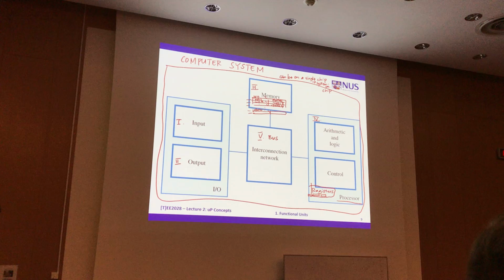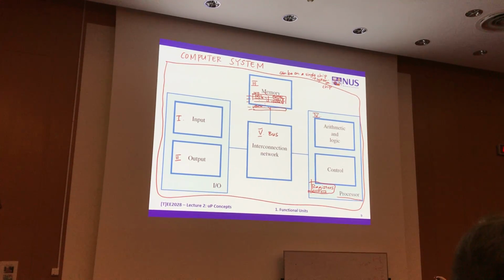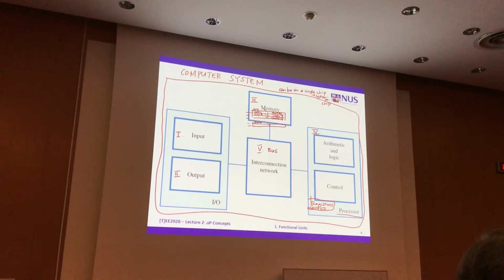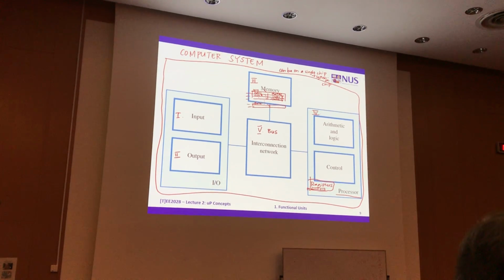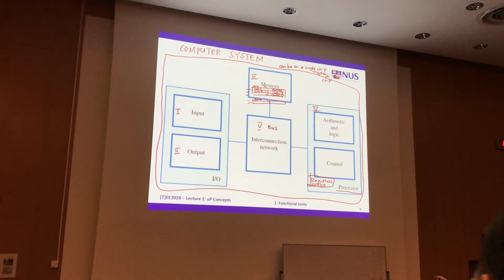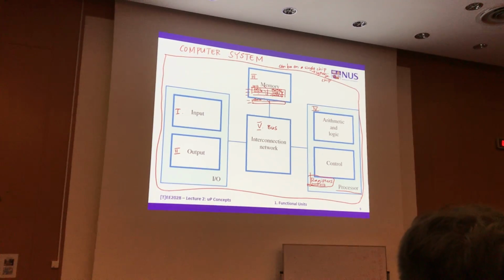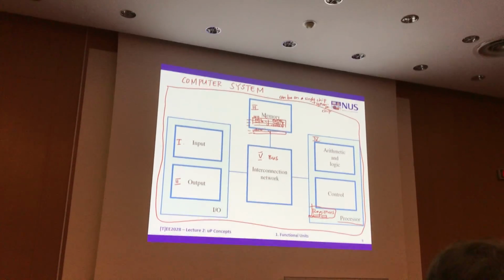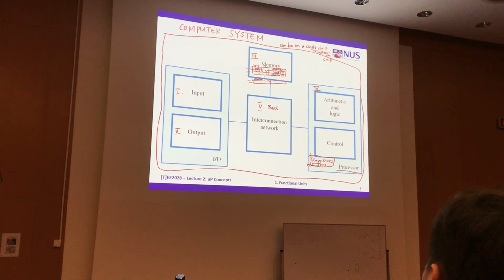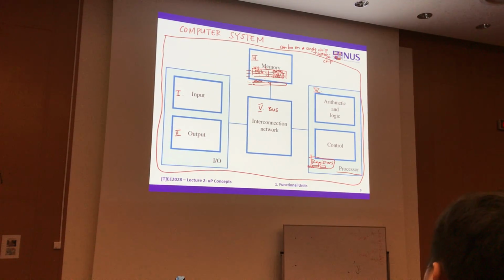So the input, the output, and then we have the memory, a very important part. And then later on, we actually say that the program consists of instructions as well as the data is in memory. And then we have the processor here.